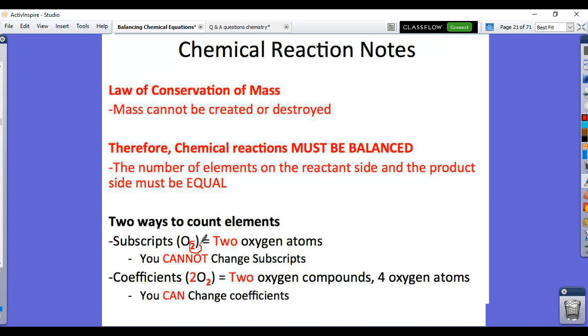These are your subscripts, so that means it has two oxygens. They cannot change. When you are starting to balance the equations, you cannot change your subscripts. And then a coefficient is that big number that comes in front of the whole substance, so you can change coefficients. In this example, there are two oxygen compounds, but because of that two, there's a total of 4.